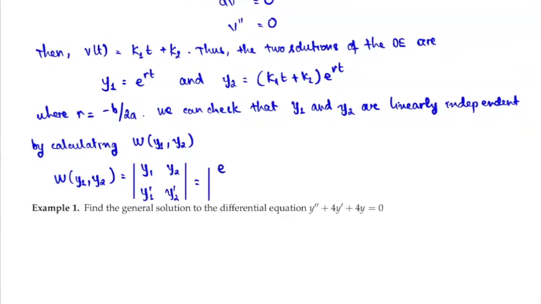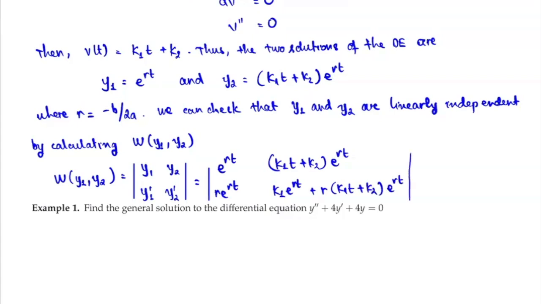For y1 equal to e to the rt, y1 prime is r times e to the rt. y2 is equal to k1t plus k2 times e to the rt, and y2 prime is going to be k1 times e to the rt plus r times k1t plus k2 times e to the rt. If you do the calculations correctly, you will arrive at the Wronskian of the form k1 times e to the 2rt, and this is different from 0, assuming that k1 is different from 0.